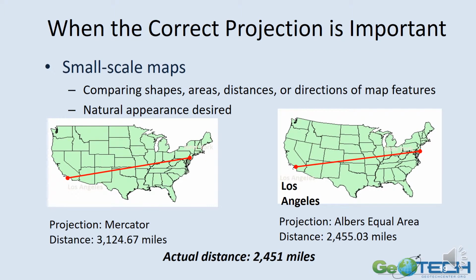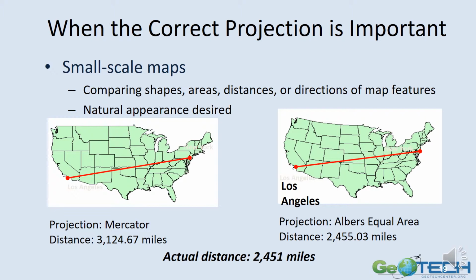When the correct projection is important on small scale maps, you really want to be able to calculate different things: shapes, areas, distances, and directions. So if you use the wrong projection, you're going to get the wrong answer. On the left, we have the Mercator projection, and it's showing a distance of over 3,124 miles.